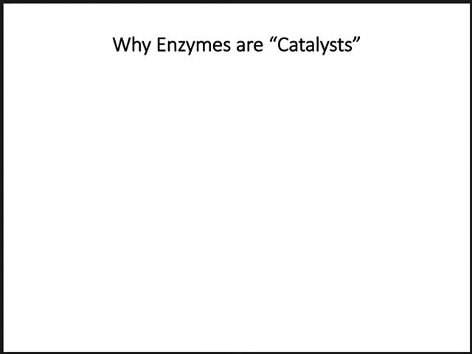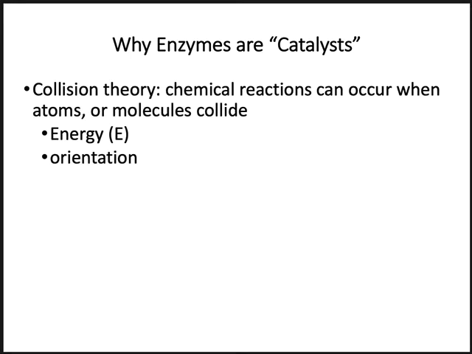Okay, so why are enzymes considered catalysts? How is it that they speed up these chemical reactions? So in order for a chemical reaction to occur, you need two atoms or two molecules to collide and hit each other in the perfect place, which we call orientation, right? In order for it to interact and make or break a bond.